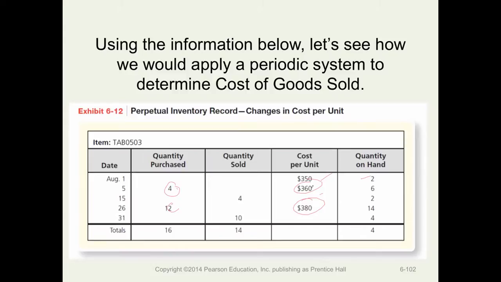From doing this earlier, we know that we had 6,000 in purchases, and we also started with the 700 in beginning inventory. So the cost of the purchase of 4 units is going to be $1,440 because we paid $360 each, and we bought 12 units at a cost of $380.